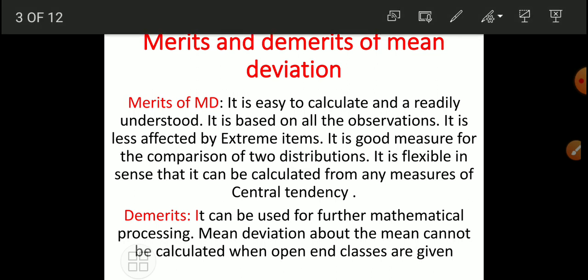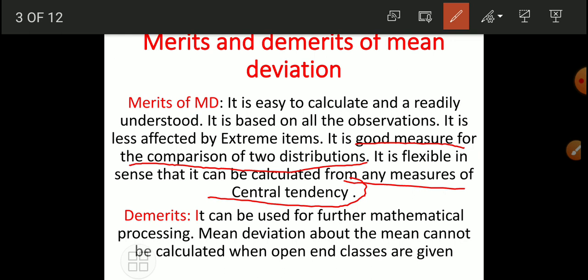It is flexible in the sense that it can be calculated from any measure of central tendency, like the mean, median or mode. As we have seen, it is very easy to calculate the mean deviation, so it is flexible in the sense that it can be calculated from any measure of central tendency.